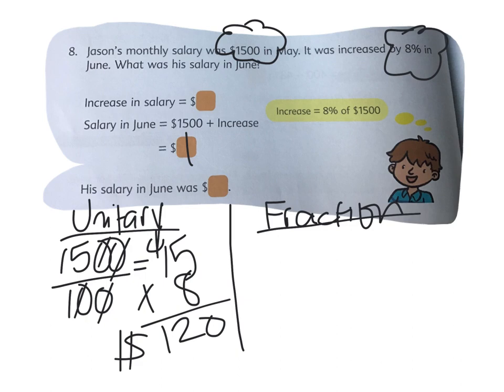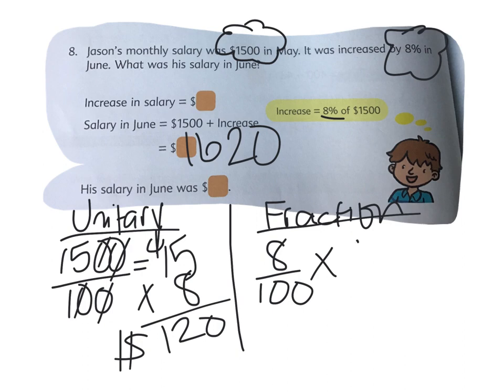So it's going to be $1,620. Let's look at it the fraction way. So what is the fraction of 8%? 8 over 100. Of means to multiply 1,500.